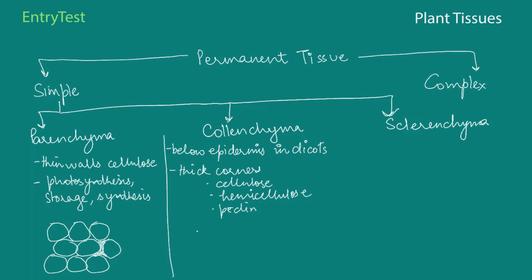So if you want to draw collenchyma, it will be like this. Let's suppose this is the layer of cell wall. Now at the cell wall, at the corners, there is going to be thickening. So let me draw it like this, thickened corners.